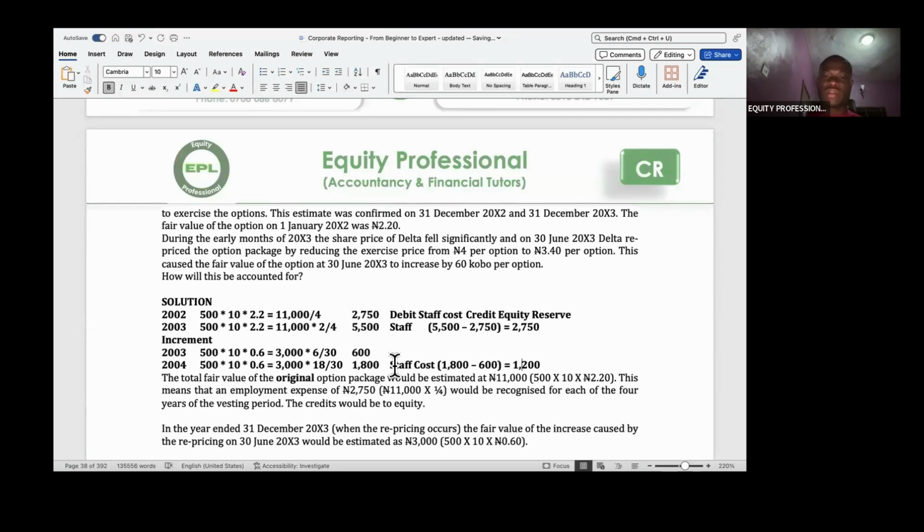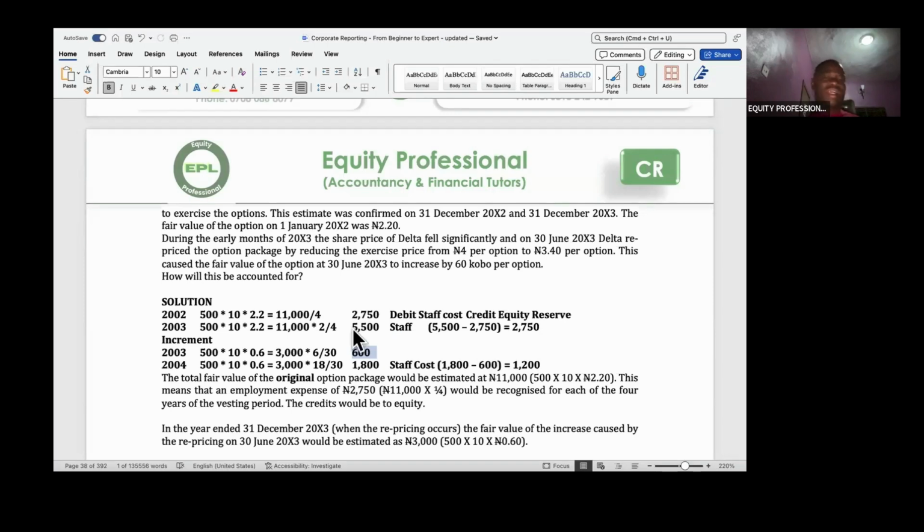Okay, so now if somebody asks us that, in year three or in 2003, how much did you recognize to P&L for staff cost in 2003? That would just be 2,750 from the original valuation plus 600 as a result of the increment. So it's like recognizing a total of around 3,000 plus to P&L.